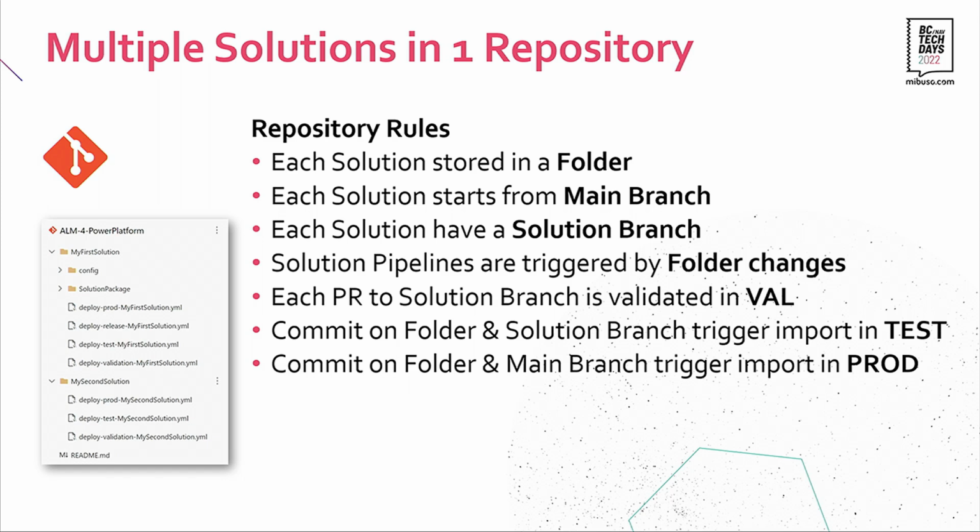In conclusion, we have the validation pipeline, respective to the validation environment, and the deployment pipelines for test as well as production. Nothing else. Fully automated, fully out of the box by setting up this tool, and you have a completely automated development environment in Azure DevOps for your Power Platform.